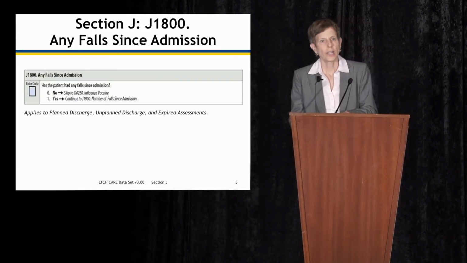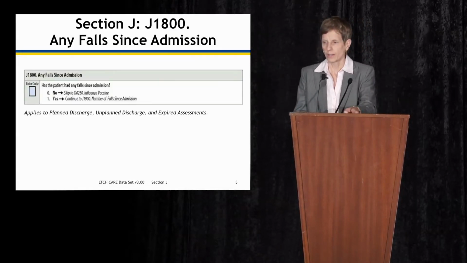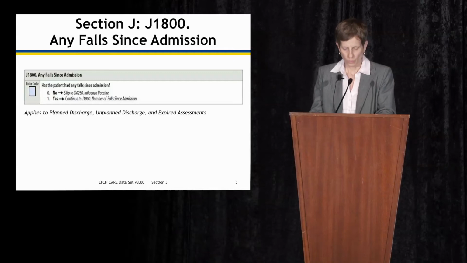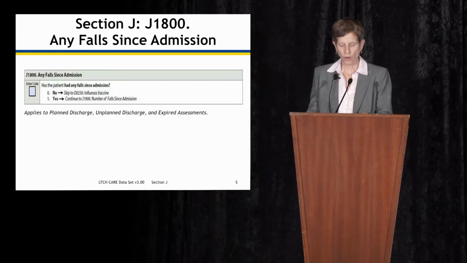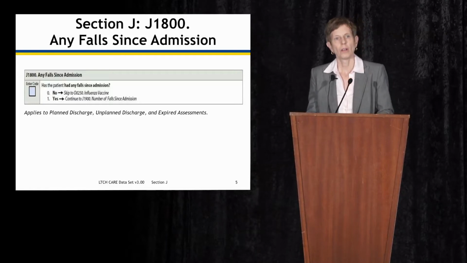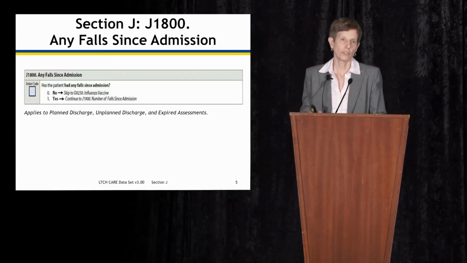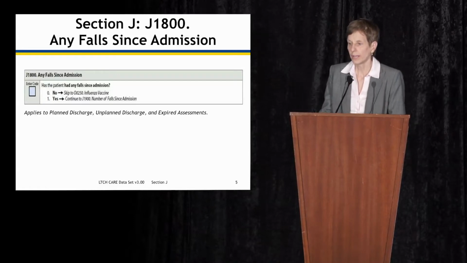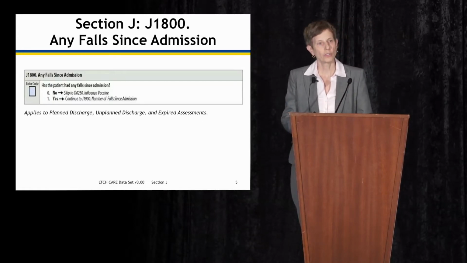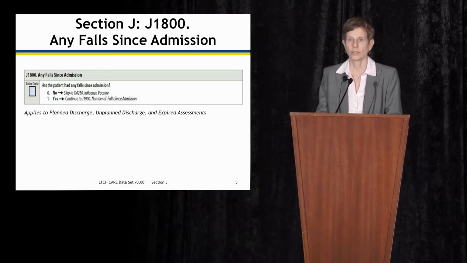So this is what J1800 looks like. And the question reads, has the patient had any fall since admission? By the way, the Section J, you'll be collecting this information on the planned discharge, the unplanned discharge, and the expired assessment.